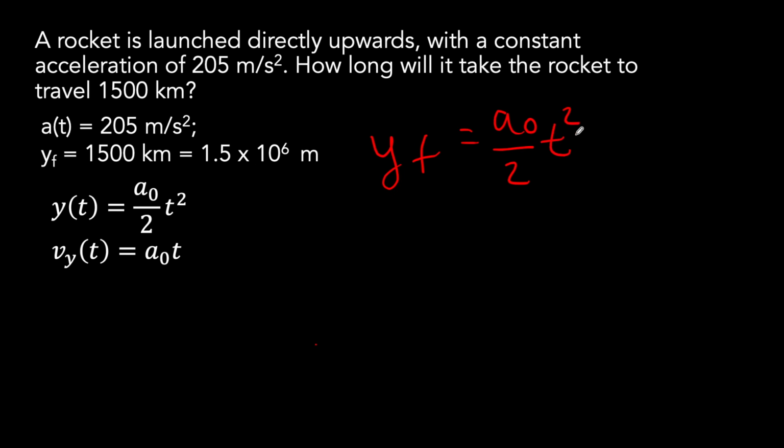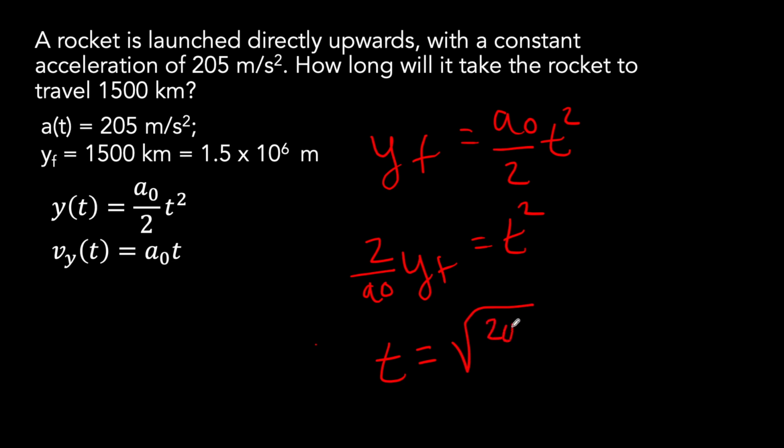We want to find the time where this is true, and so we can move everything away from t. So we say that 2 divided by a0 times yf equals t squared. And finally, we'll take the square root, and we'll get that t is equal to the square root of 2yf divided by a0.